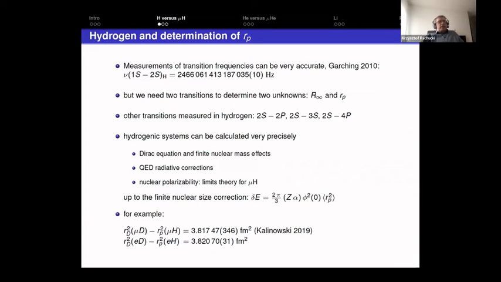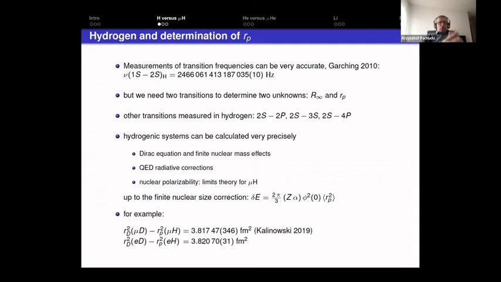And what is interesting is that the isotope shift between deuterium and the proton, the charge radius difference, which is obtained from the electronic atoms, which is at the bottom here, agrees with the same charge radius difference obtained from muonic hydrogen.